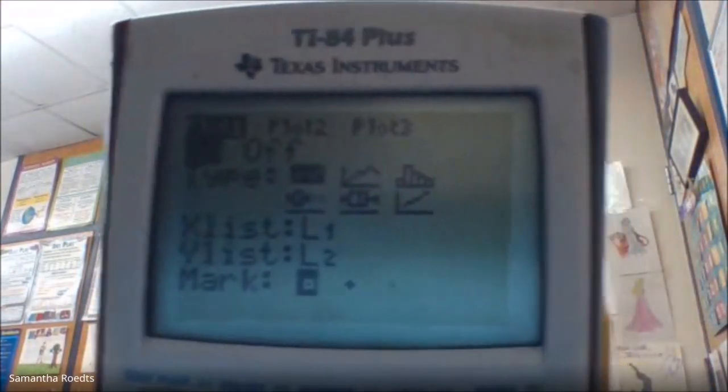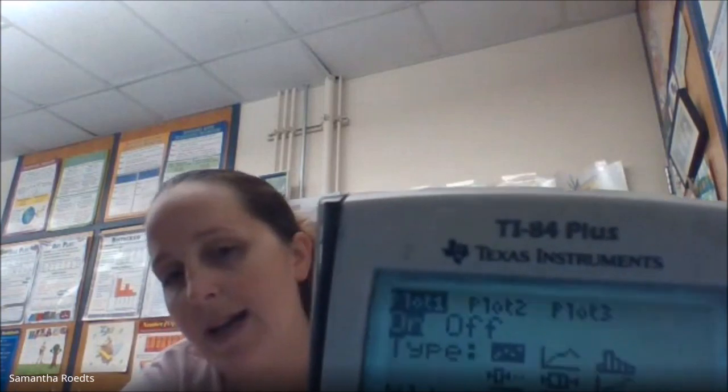And then where it's a little blinky to on, I want to hit enter. My X list is my list 1. My Y list is my list 2. You can change it so it has pluses or little dots, however you would like to make it look. But I just want a scatter plot. My type's already set up as a scatter plot. And then I hit the graph button.